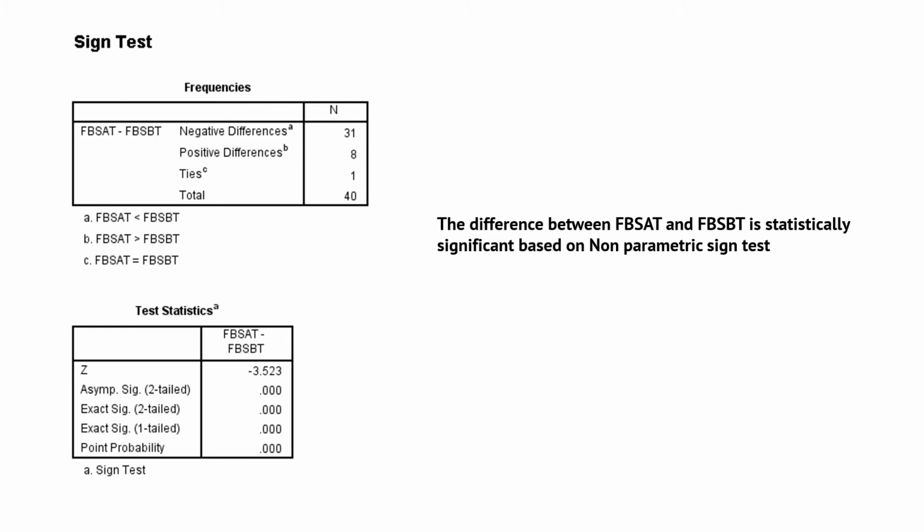So we can say that negative differences are more, right? That means FBS-AT is significantly lower than FBS-BT. Why? 31 times negative differences are there. That is the interpretation.